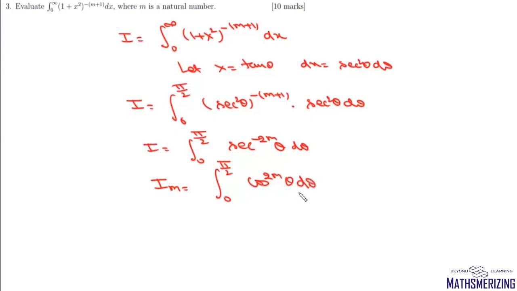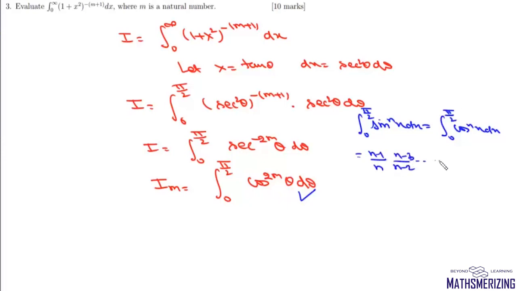Now this is a very standard integral in the reduction formula. We know that the Wallis formula is that the integral from 0 to pi by 2 of sin to the power n x dx is equal to the integral from 0 to pi by 2 of cos to the power n x dx, and this is equal to n minus 1, n minus 2, n minus 3, and it will continue, and this is pi by 2 when n is even, and it is 1 when n is odd.